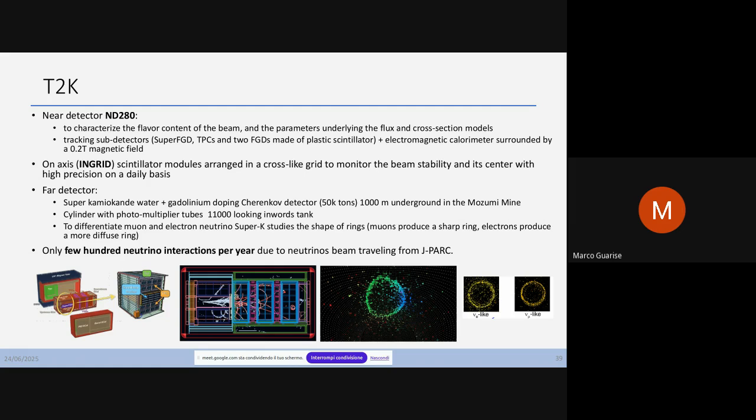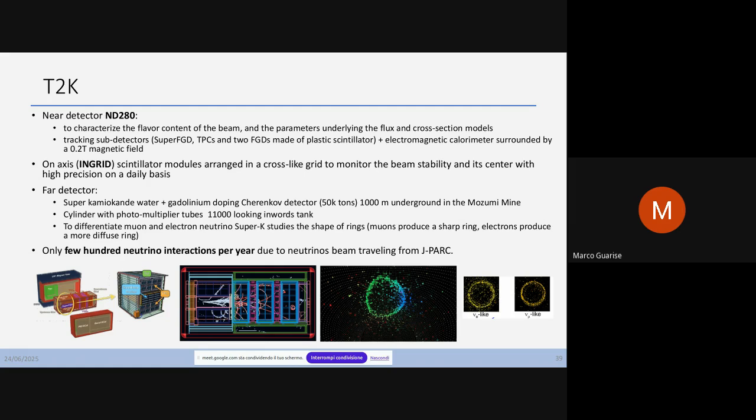They precisely measure the neutrino flux and composition at the beginning, and in the far detector these are almost real-time events. You can go to their webpage and download the real-time events. So this is a real event from a few hours ago.